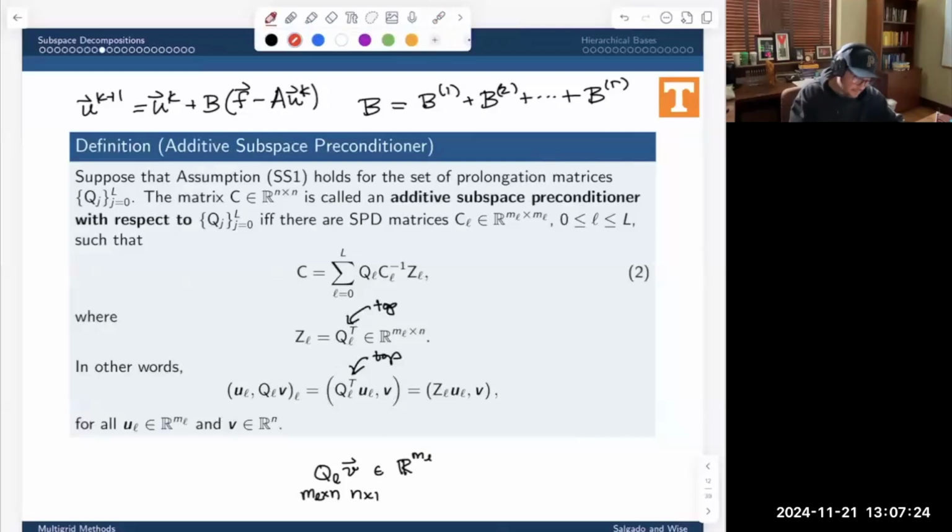The Q_L should actually be written over here because U_L is in R^(M_L). So I could do Q_L times U_L, and that would make sense, right? So this is incorrect. It should be the other way around. That guy should go there, and that guy should go over there.